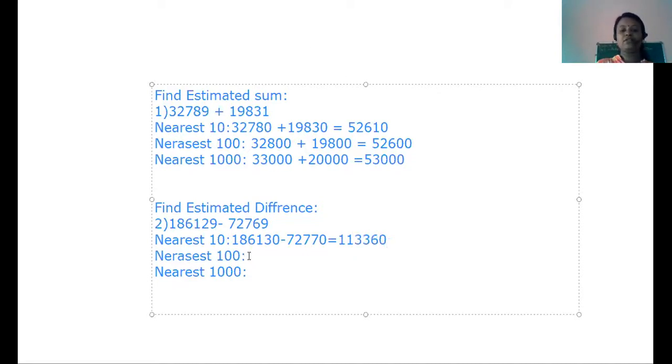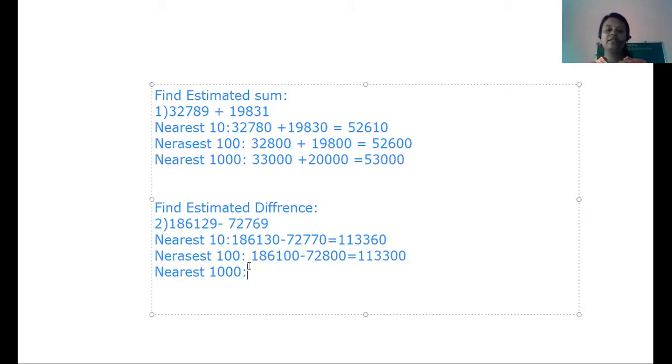Whereas if we need to round off to the nearest 100, we have 1,86,100 since 2 is less than 5, followed by 72,800, of course, since 6 is a greater number, we round it off to 8. So we have 1,86,100 minus 72,800. So the answer is 1,13,300.